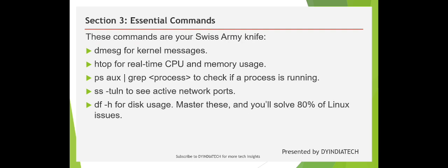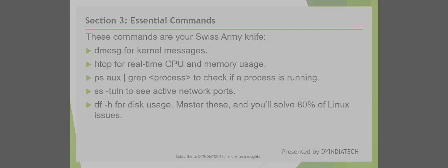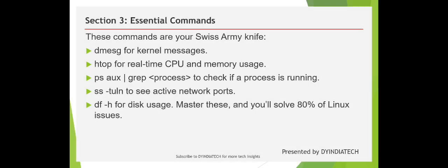Moving to the next section, essential commands. dmesg for kernel messages. dmesg is a very powerful command which helps when any services are getting impacted or there are issues related to memory or CPU, it will capture them.